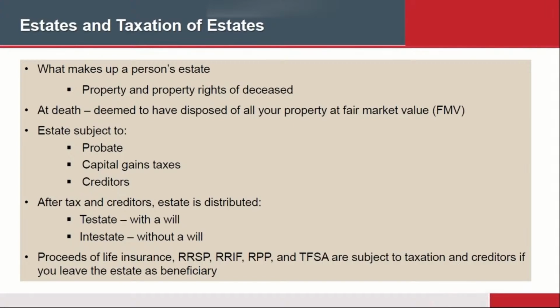If you name them as beneficiaries, then it does not go to the estate, so the creditors cannot chase after that money. But if you name the estate as the beneficiary, then unfortunately creditors can chase that, because the estate is subject to creditors and to taxation. So a cautionary note: make sure that your clients are aware of the danger of naming the estate as beneficiary on any of these investments. You should always have a named beneficiary.